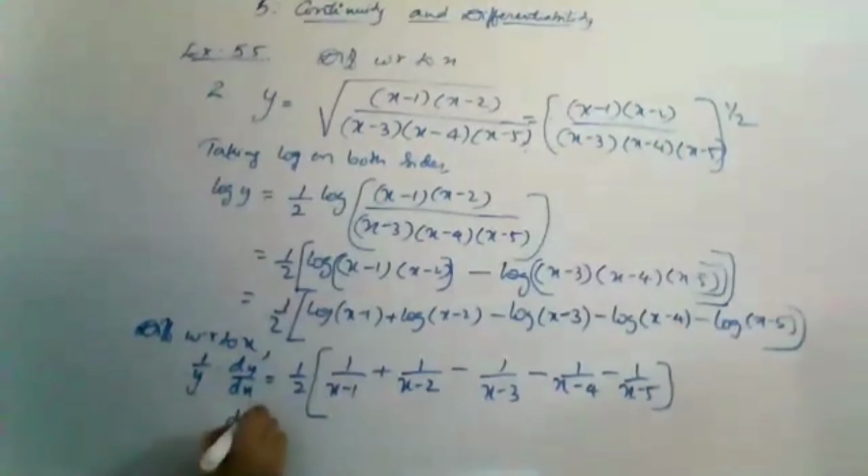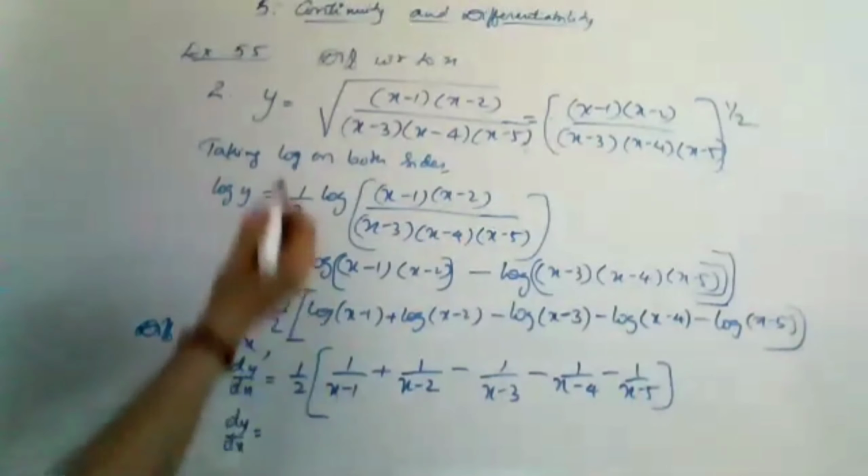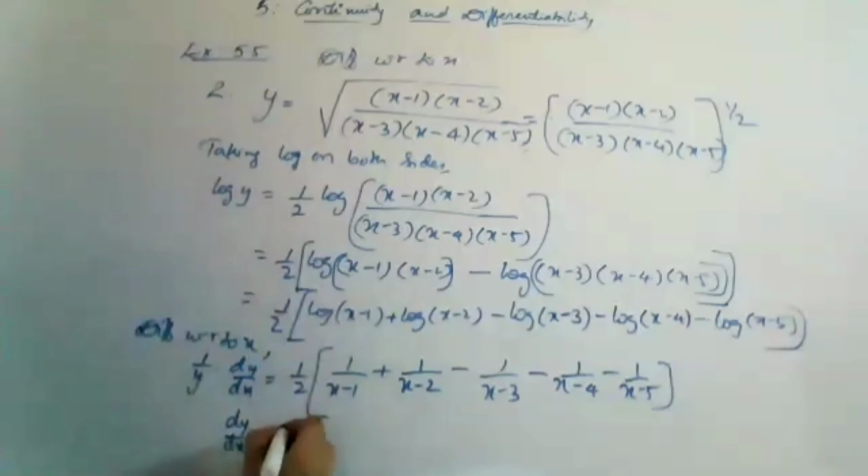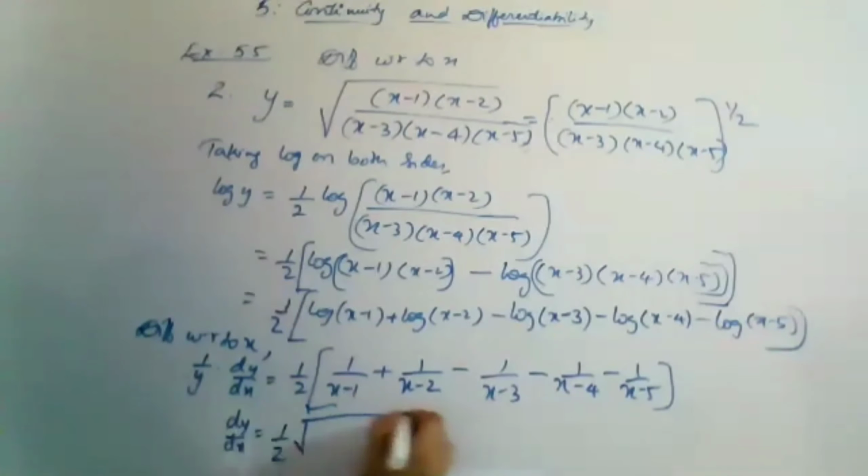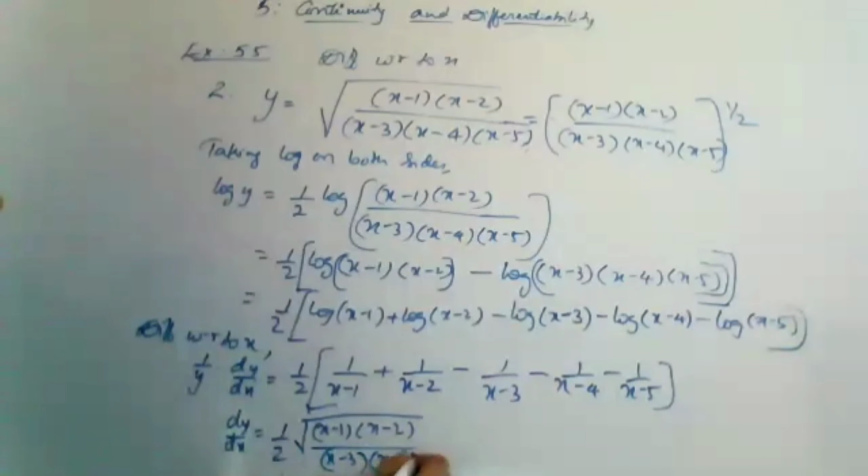So dy by dx is equal to y. What is y? This one, root of 1 by 2 into root of x minus 1 into x minus 2 divided by x minus 3 into x minus 4 into x minus 5.